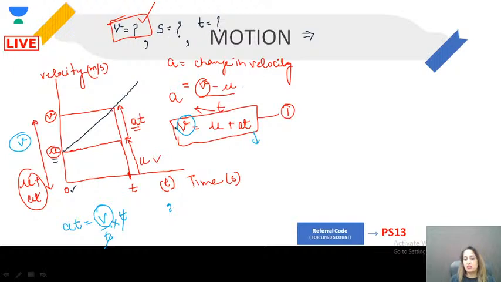So it is initial velocity plus a into t. That is the formula to calculate the final velocity of the object. Okay. Now we have calculated our formula number 1. Right? Now we will do our second equation.